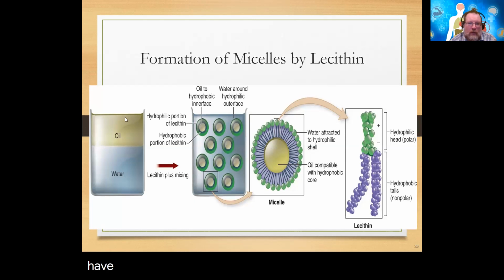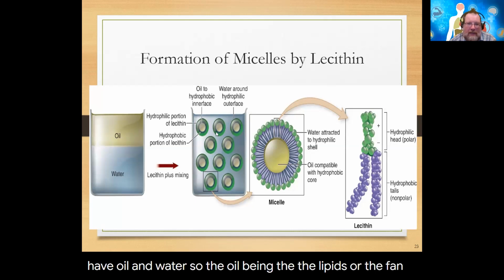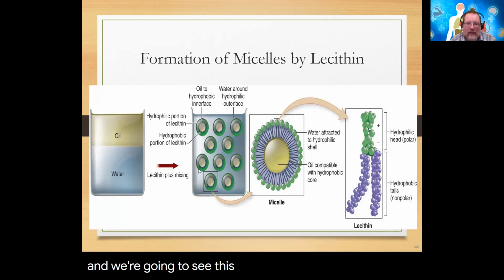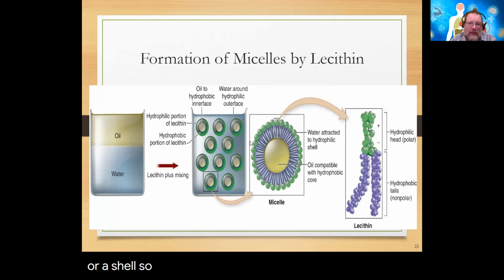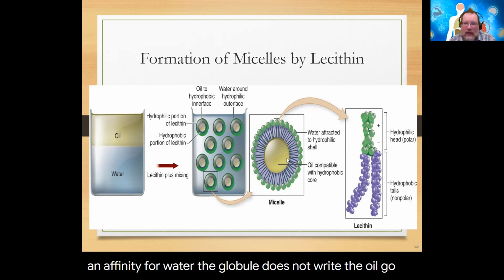So we have oil and water, the oil being the lipids or the fats, and this lecithin from the bile is going to attach to this oil and form basically what we see as a micelle or a shell. So we get this hydrophilic shell. Okay, so the shell has an affinity for water. The oil globule does not, right? The oil globule is hydrophobic.